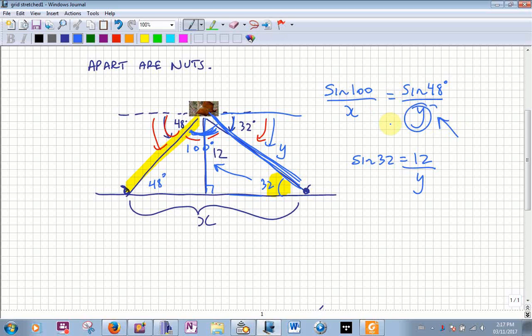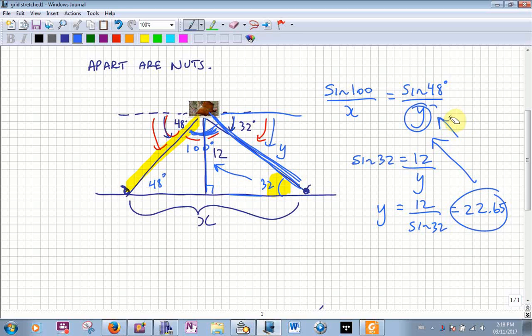If I got y, I can solve for x. So what's the shortcut? y is 12 over sine 32. And if I do that, I get 22.65. Don't round that too much.